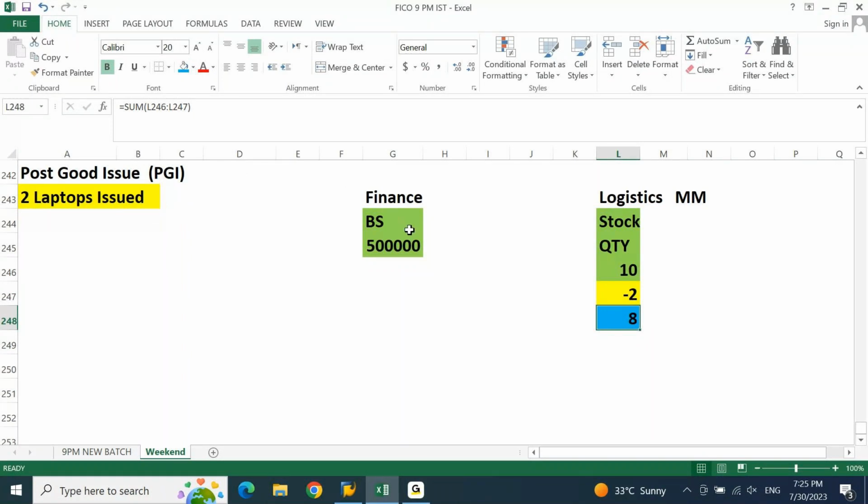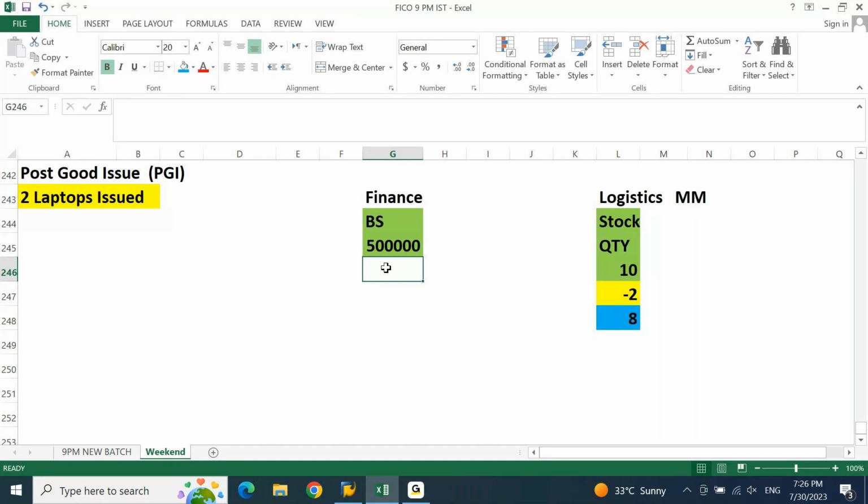Now your stock will always represent a value in the balance sheet because your inventory is a current asset. It is always represented on your balance sheet as an asset. Currently, before you issued 2 units, your balance sheet 5 lakh is equivalent to 10 unit value. Now from your stock, you have removed 2 quantity. When you remove 2 quantity, the equivalent value of the 2 quantity must be reduced.